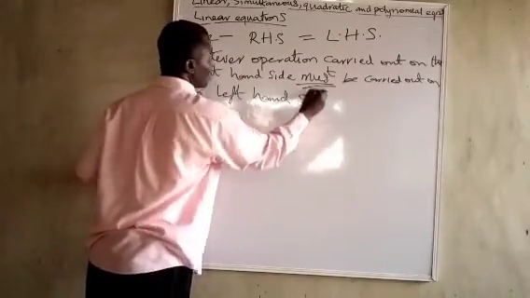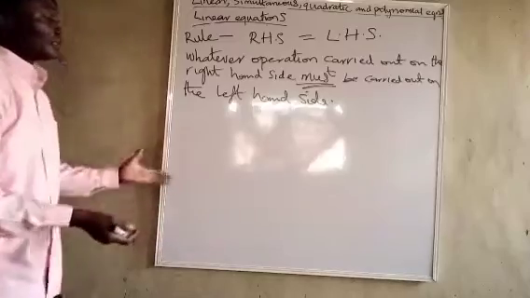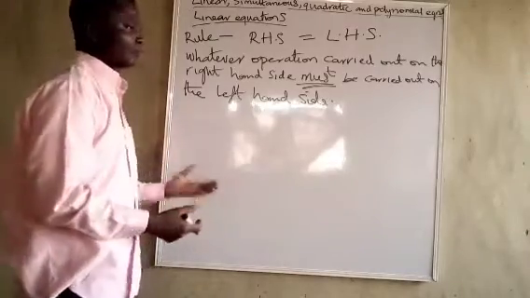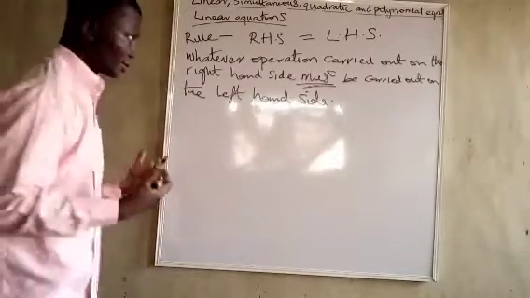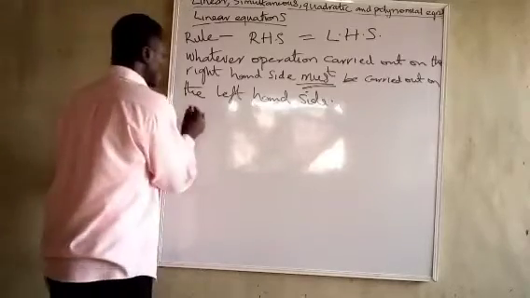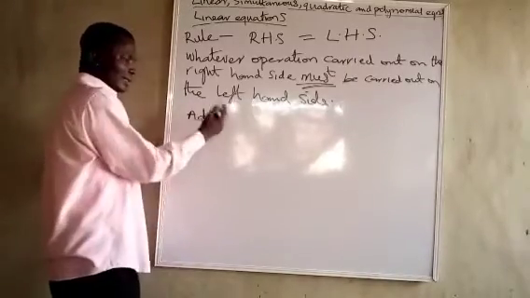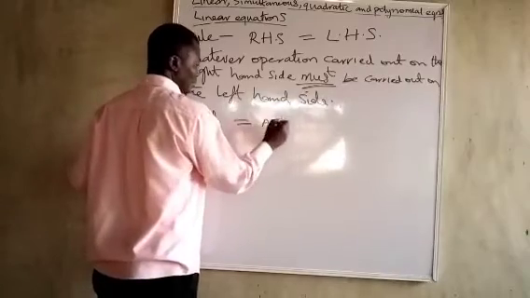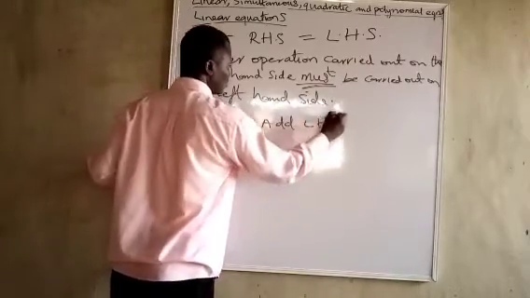Please note, sometimes you might see some operations being done without writing anything. It's because they have become subconscious to the one performing it due to experience. So if you add anything to the right hand side, you must add it to the left hand side.